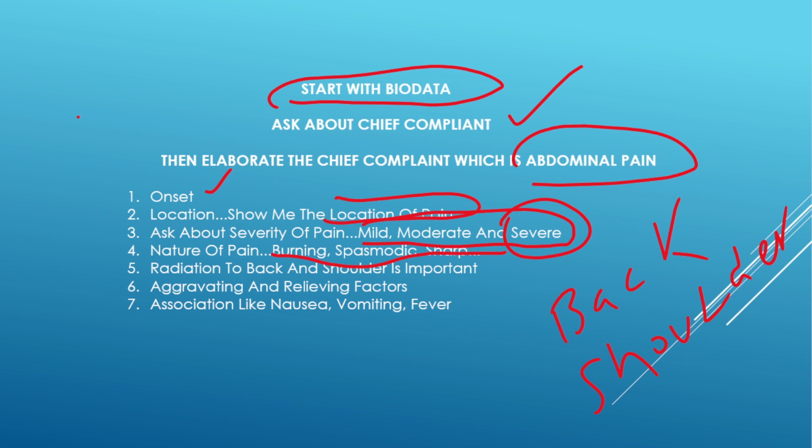So ask whether food intake aggravates the pain or not, or change of position aggravates the pain or not, like lying position in case of acute pancreatitis aggravates the pain, while sitting up and leaning forward relieves the pain. Then ask about the association with the abdominal pain, like nausea, vomiting, anorexia, fever. These should be the associations which should be asked in the abdominal pain.